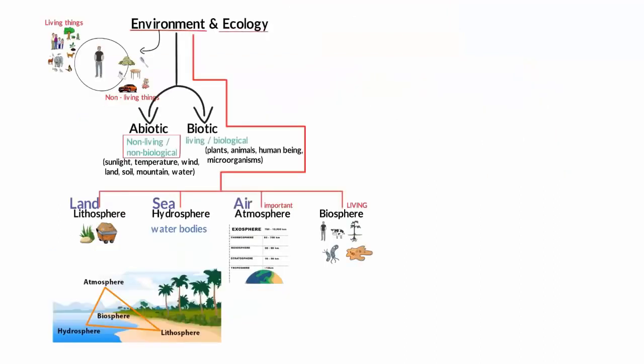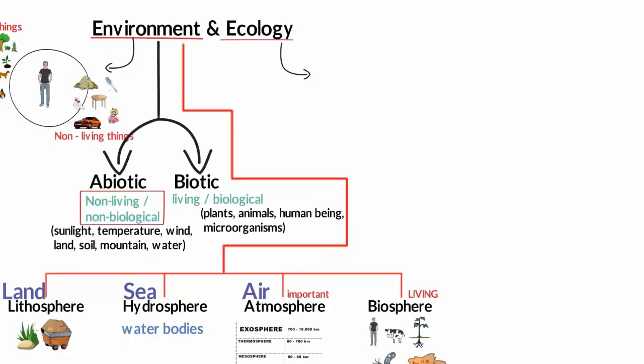Now let's get to know about the ecosystem. So moments back, I've told you about the four domains of our environment, which is the lithosphere, the atmosphere, the hydrosphere, and the biosphere. When these four domains coordinate with each other, there is a diversity of life forms on Earth. So when we hear the word ecology, ecology is the study of the earth as a household of plants, human beings, animals, and microorganisms.